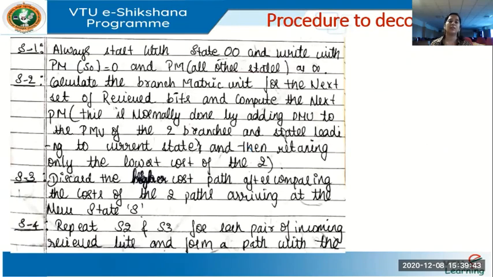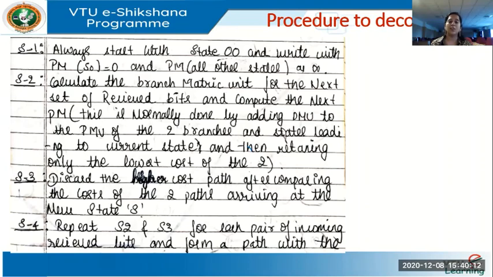The same procedure is mentioned here. As always, we should start with state 0, 0, and at state 0, 0, the path metric will be written as 0. And for all other states, we write it as infinite initially. Then we calculate the branch metric for each of the branches by comparing the Hamming distance between the received code vector and the codes mentioned along the branches.